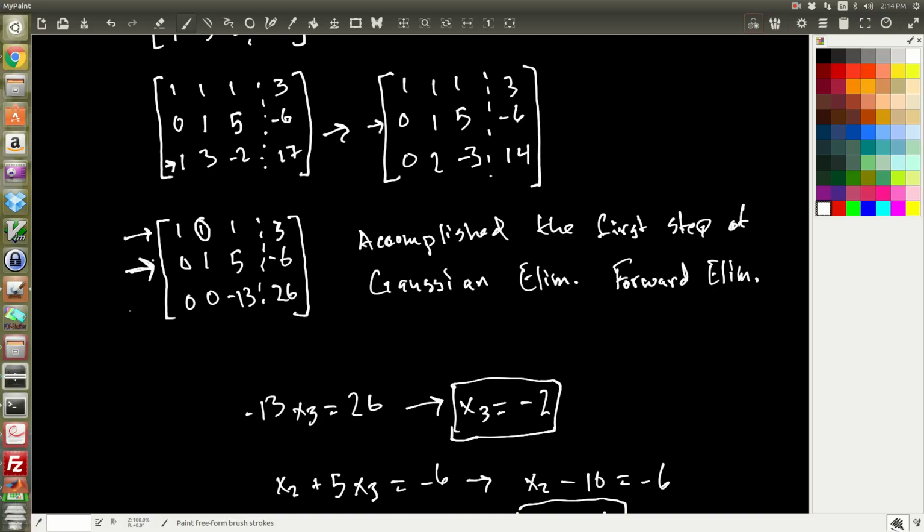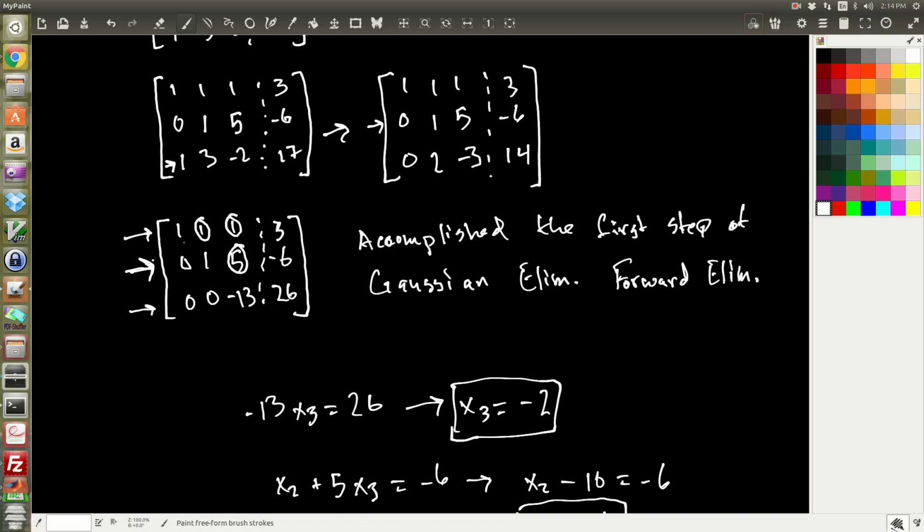And then I could multiply this third row by some constant value and add it to this row right here to get a 0 here. And then I can also multiply this third row by a constant to introduce a 0 here. And so now I'll have zeros everywhere except for the main diagonal.